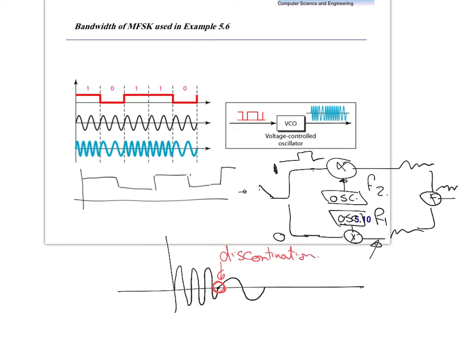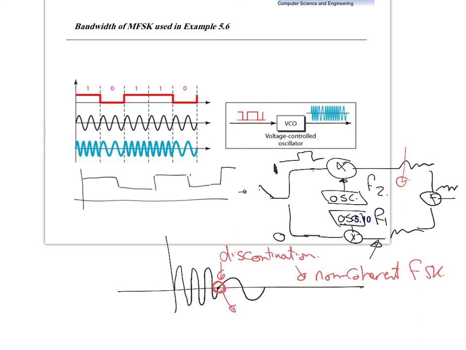This discontinuation, which is generated from this circuit, we call non-coherent FSK. Non-coherent FSK creates this discontinuation. And what is the problem with this? Does anyone remember what the problem is?